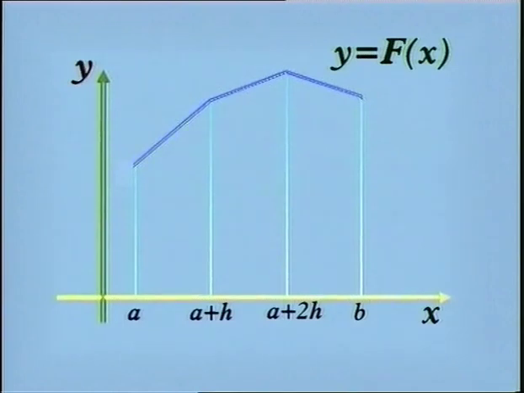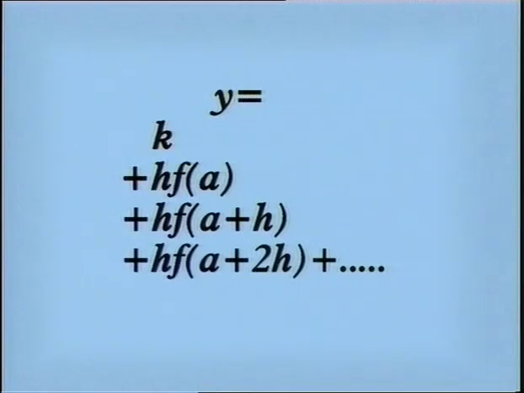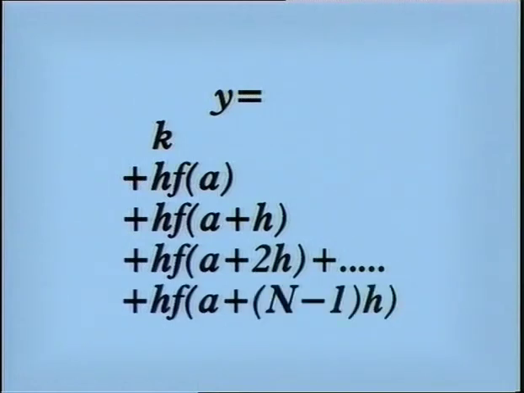Suppose that it takes n steps to reach x equals b. After these n steps, the value of y reached by our sequence is k, that's the starting height, plus h f at a, the change at the first step, plus h f at a plus h, the change at the second step, plus h f at a plus 2h for the third step, and so on, up to h f at a plus n minus 1 times h for the nth and last step.